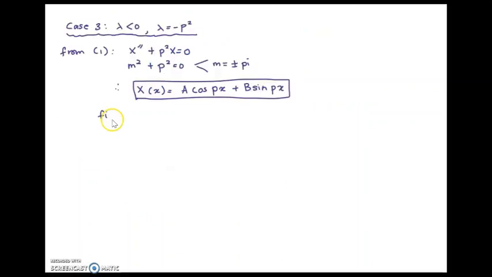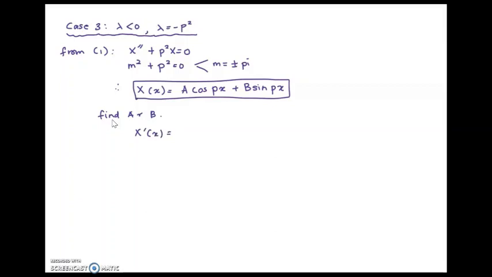Now find a and b by using the boundary conditions that we have in step 2. First of all, we need to differentiate X because the boundary condition is in terms of derivative. So we need to get X prime. You differentiate X with respect to small x.